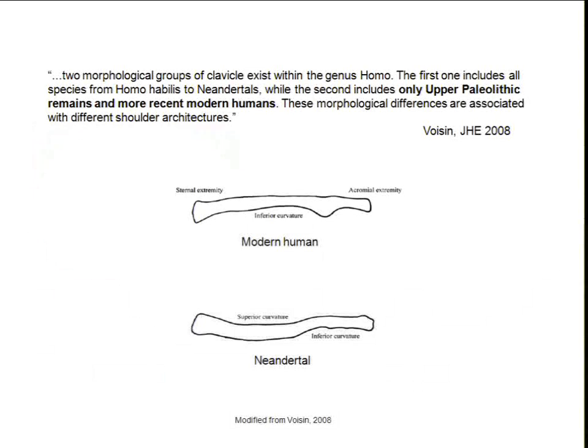The clavicle is one of the few bones that has a dramatic difference in form between Neanderthals and modern humans. Neanderthals have ancestral variants. Modern humans have something derived. It has been suggested by some that Neanderthals could not throw overhand because of this difference in shoulder architecture. They would throw like girls, like this, and like chimpanzees.